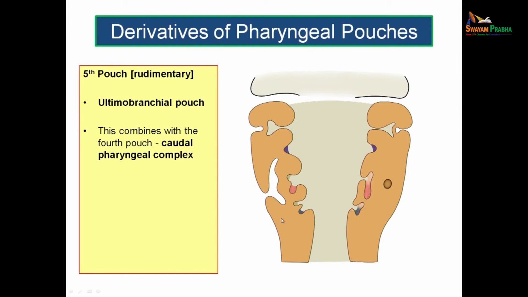So in the caudal region, you get a complex of pouches formed by the fusion of the fourth and fifth pouch. This is known as the caudal pharyngeal complex. This complex is responsible for the formation of the parafollicular cells of the thyroid gland. So this is the region where you get the caudal pharyngeal complex.